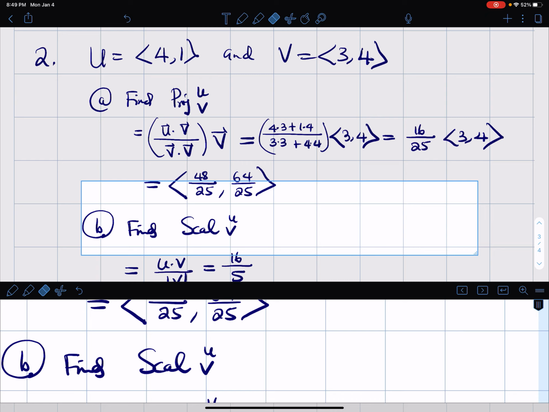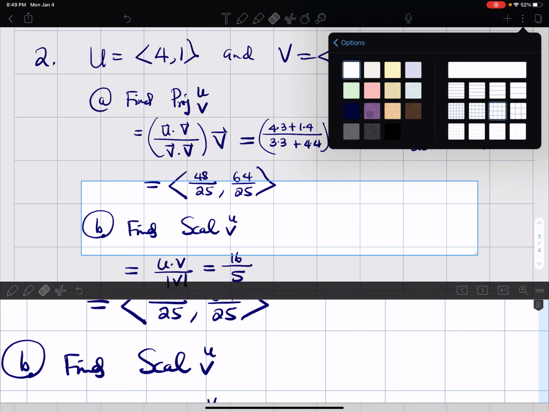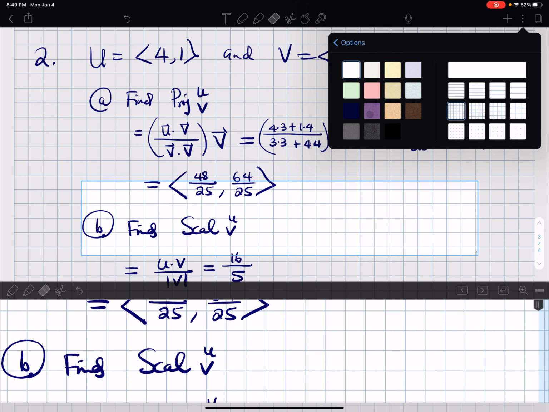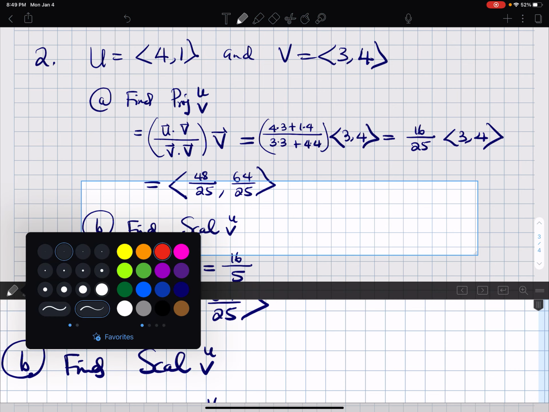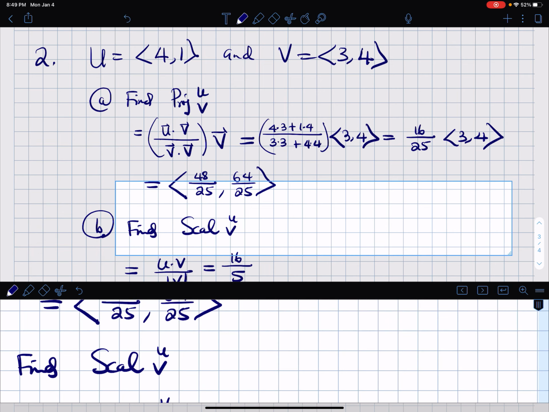So to do that, I'm going to change the paper. Use a smaller paper. Maybe this. 1, 2, 3, 4. So 4, 1.